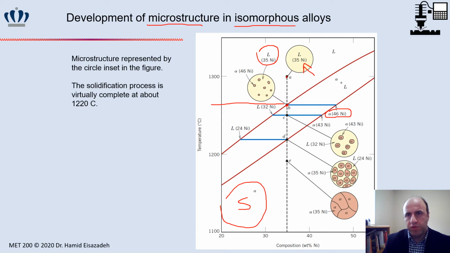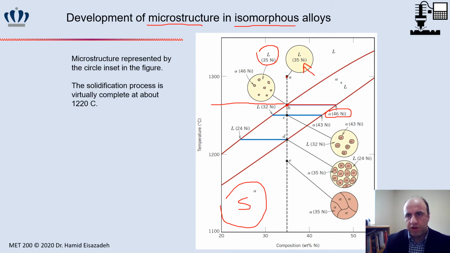because at that point we have all liquid, and then when we drop the temperature, it reaches the liquidus line, and at that point we will have alpha, and alpha will have 49% nickel. If you want to find the composition of those little circles, you have to construct a horizontal line. Again, horizontal line is important.